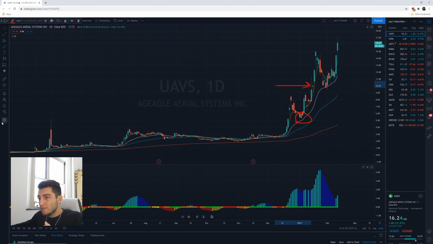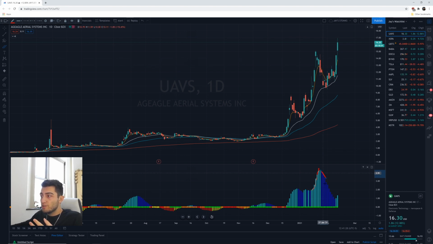Another easy way to determine when to get out is when you have two dark blue bars on the chart, okay? In this case, we didn't get any dark blue bars until up here, around $14.